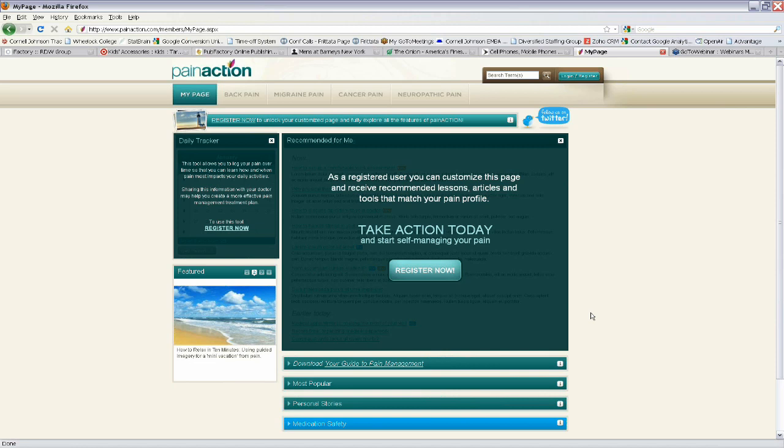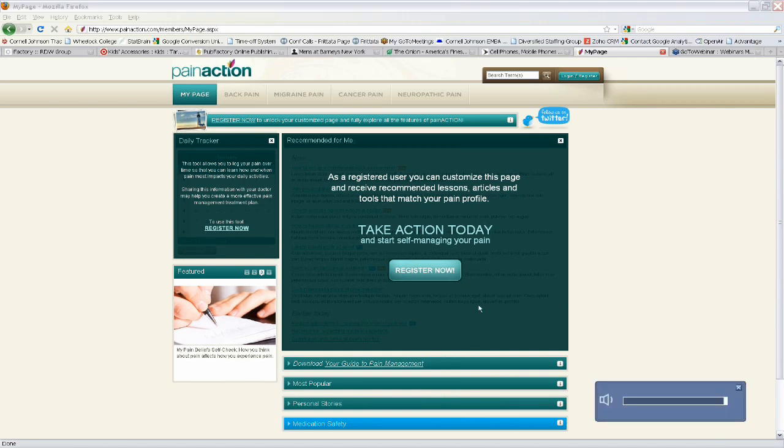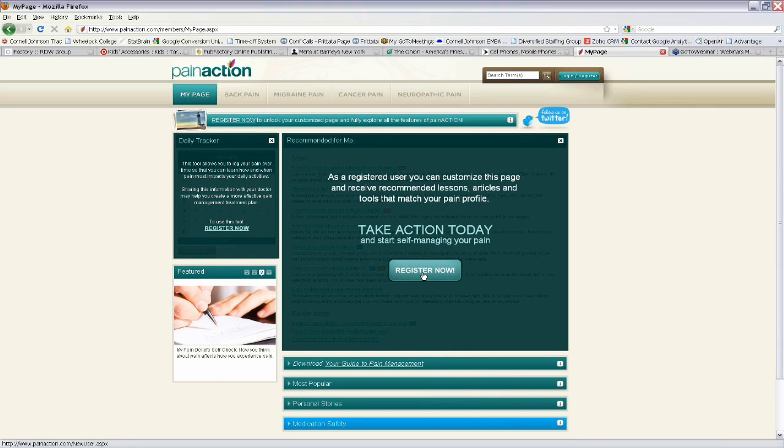But what I love about this is you could not be more obvious in terms of what they want you to do. They are pushing people to register. And essentially, by registering, it allows you to get access to more content than you would if you didn't register. And it also just so happens that by registering, there are other features and functions that you have available to you that you wouldn't otherwise.